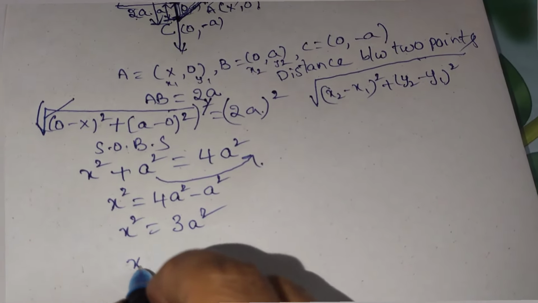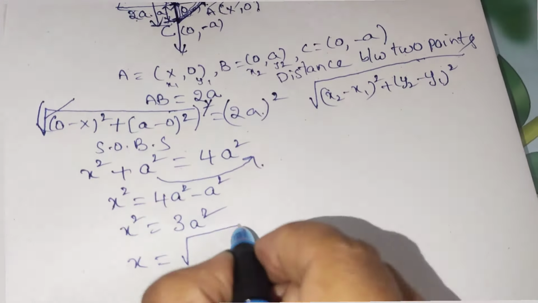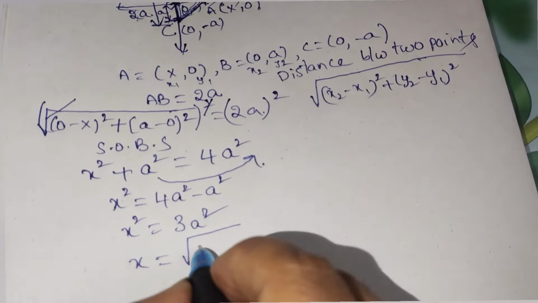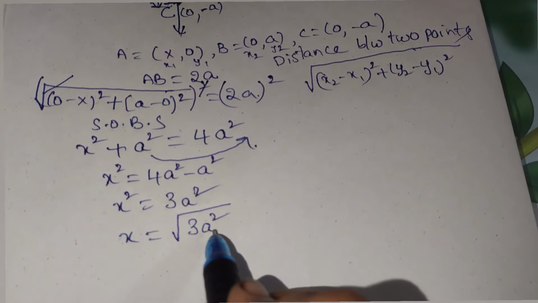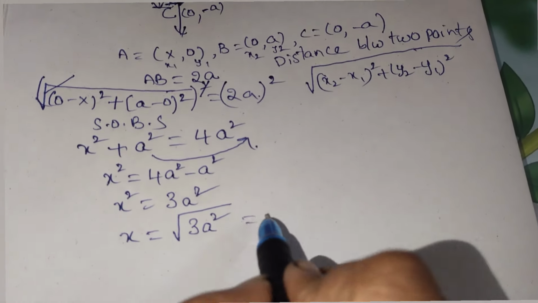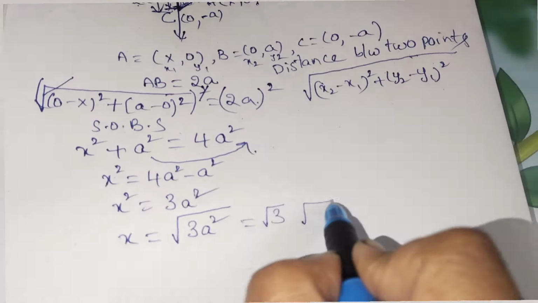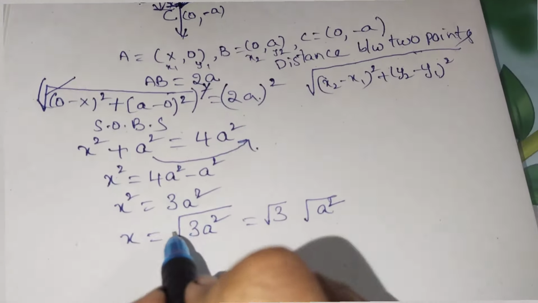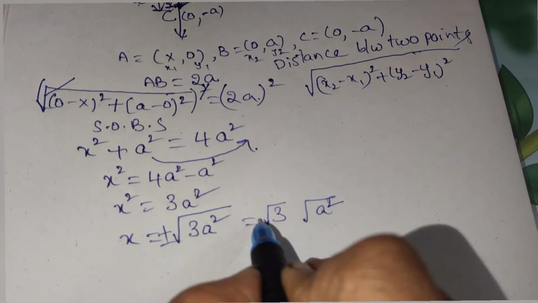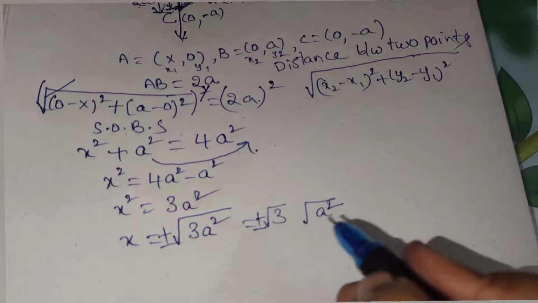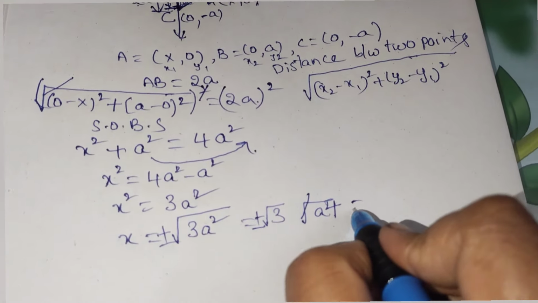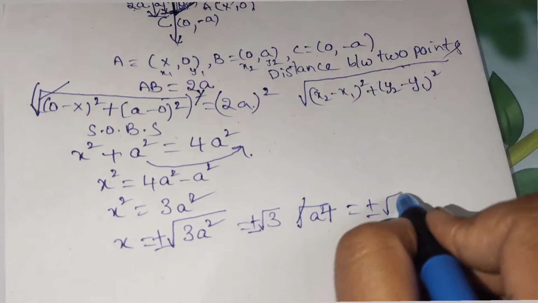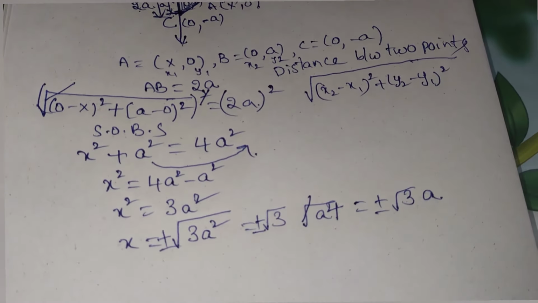Now x equals root, means apply root on both sides, root 3a square. So we need to separate this one, root 3 into root a square, that is plus or minus. Here square and root cancel, so this value is plus or minus root 3a.